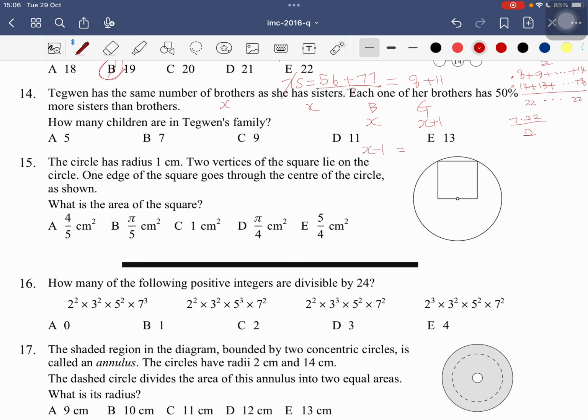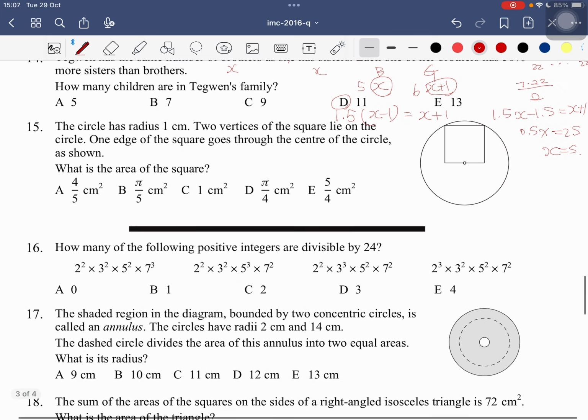So x plus 1 is 50% more sisters than brothers. So brothers, when we multiply by 1.5, this becomes the sisters. So 1.5x minus 1.5 equals x plus 1, 0.5x becomes 2.5, x equals 5. So in this family, we have 5 boys and 6 girls. So altogether, 11 children.